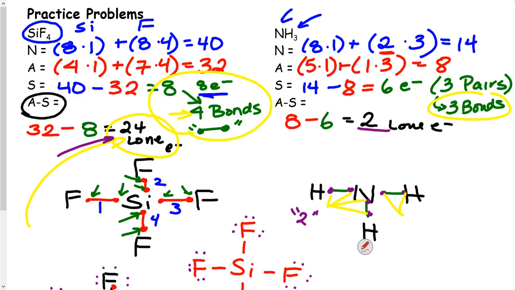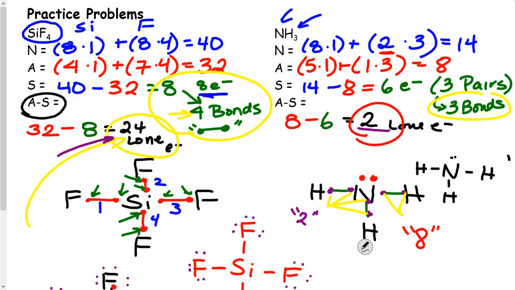So if we look at the fact that we have 2 lone electrons left over and the nitrogen already has 6, if we place the remaining 2 electrons on the nitrogen, it gets us to the magic number of 8 for our octet. So again, just to clean this up for you, here's what your structure would look like with the lone electrons.